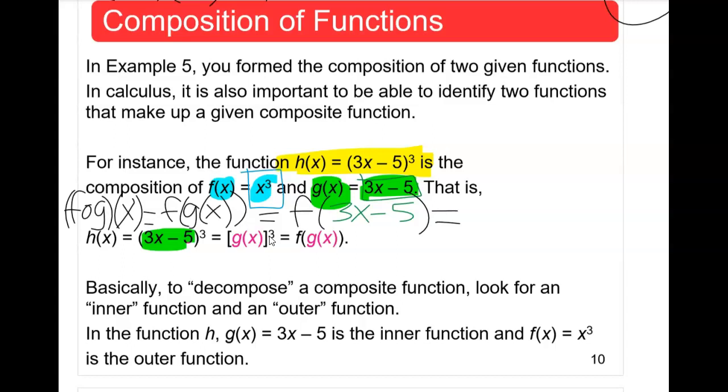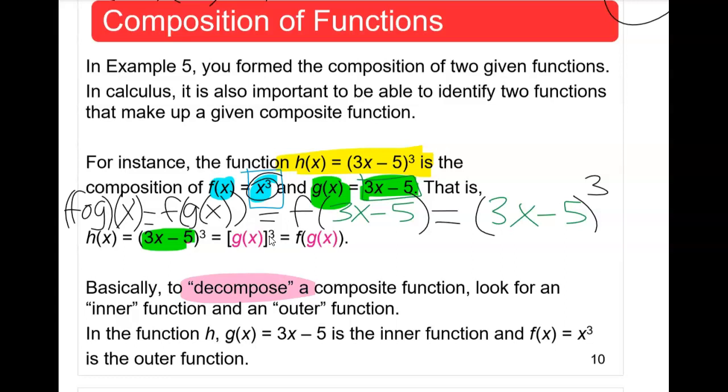And so if we consider function f to be x cubed, it means that everything that we substitute the x with, which is the 3x minus 5, will be raised to the third power. And so that could be called decomposing functions, or decomposing a composite function.